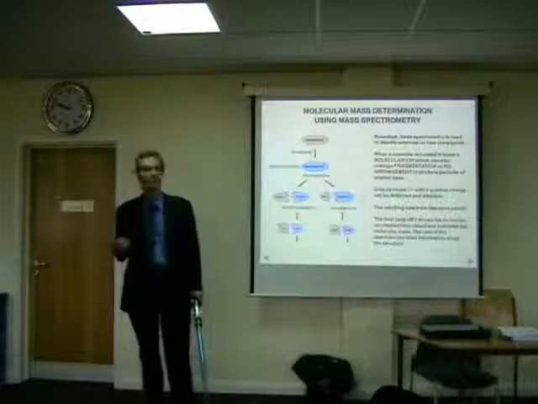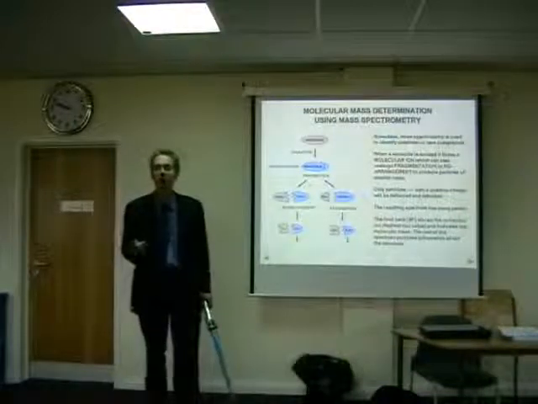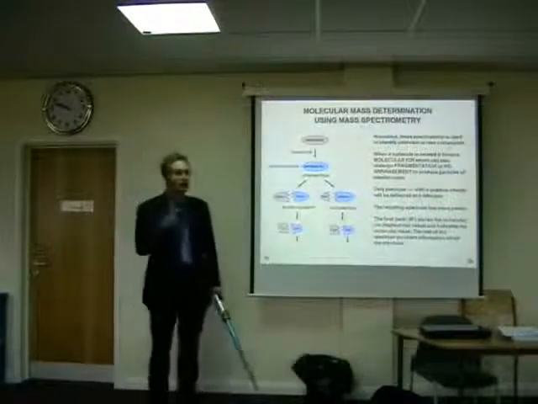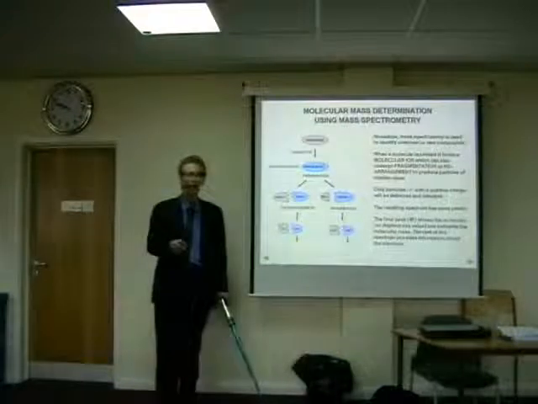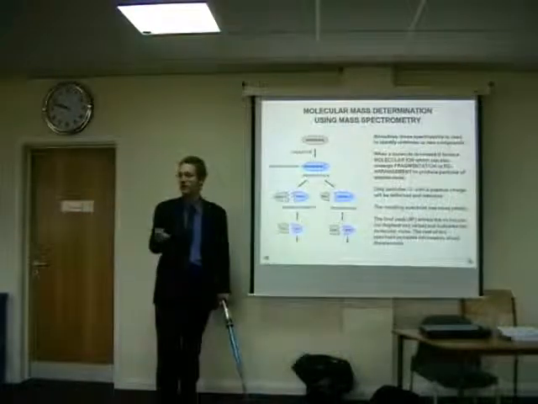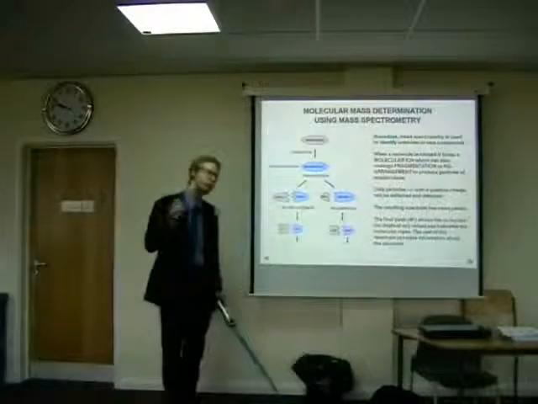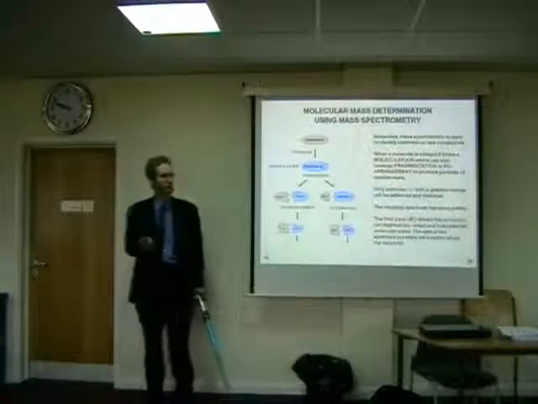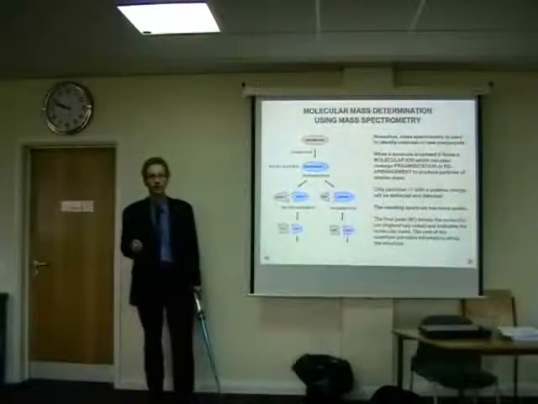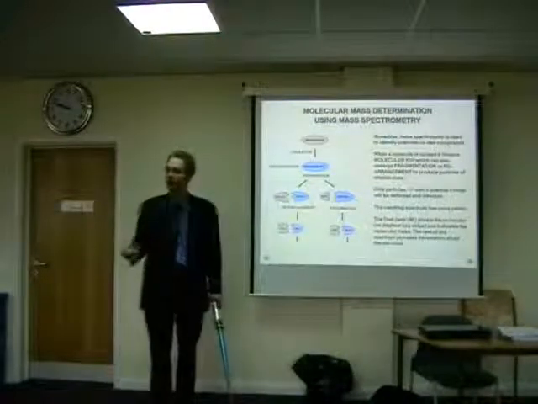Even something as simple as water has 8 electrons in the outer shell of the oxygen, but they're in pairs, 2 bond pairs and 2 lone pairs. The moment you remove 1 of those electrons, you've got an unpaired electron, and you've also got a positive ion.